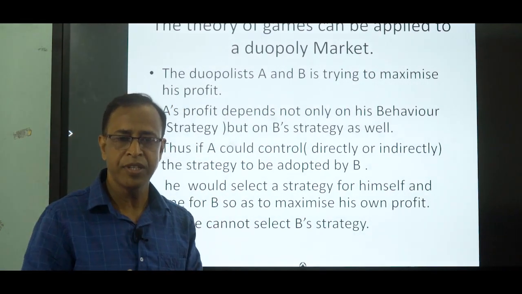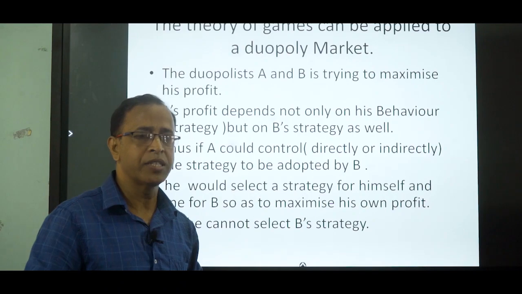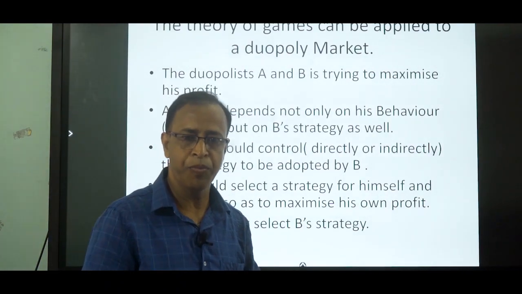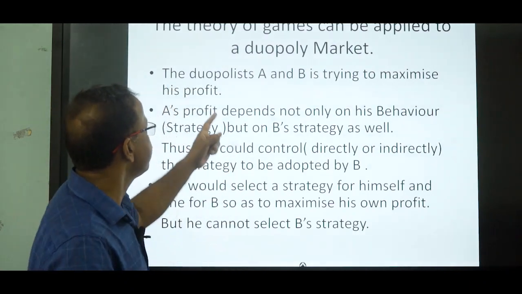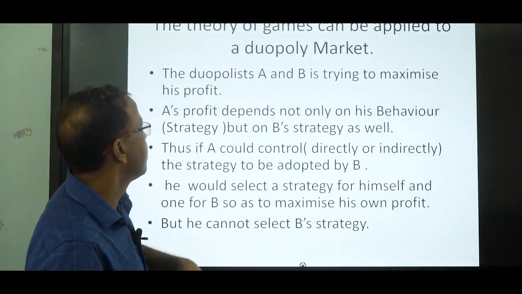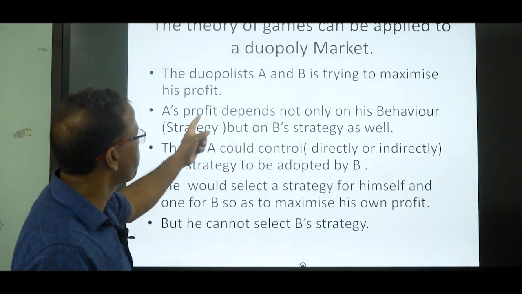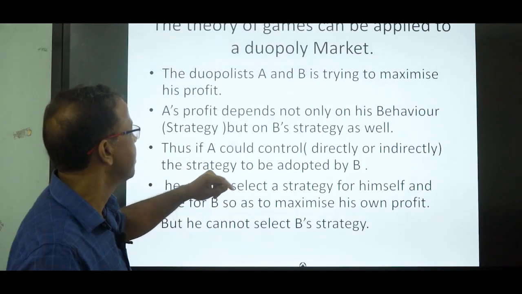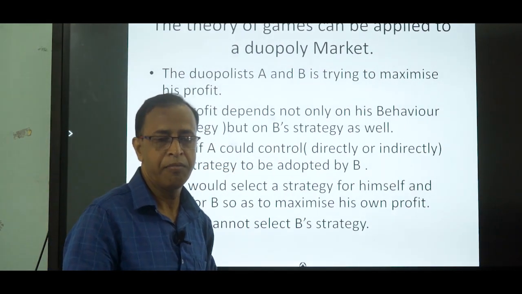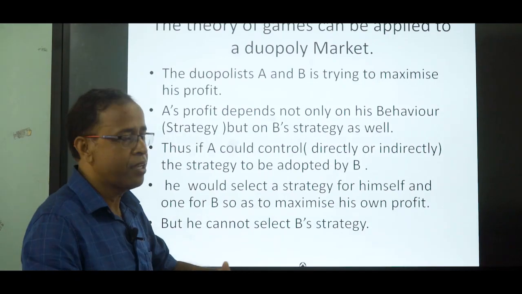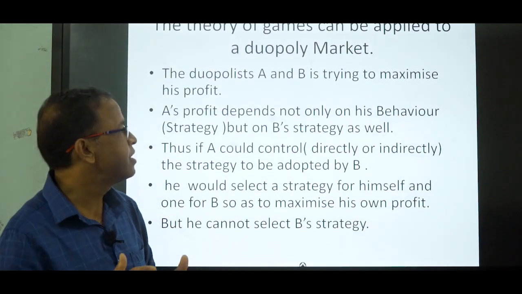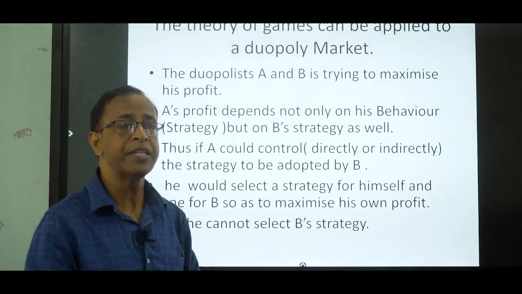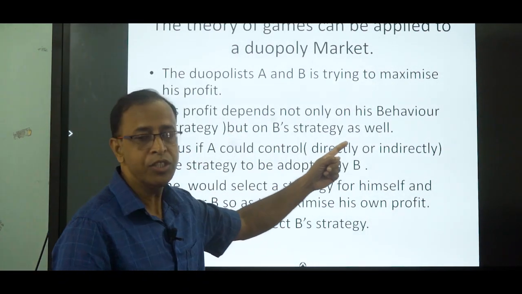In games, two players always try to maximize their profit. How to maximize their profit by playing the game? This is the first objective of the game. A's profit depends not only on his own behavior or strategy, but on B's strategy as well. That means A plays a strategy, but that does not mean he will benefit or gain, because it depends on the strategy of B.